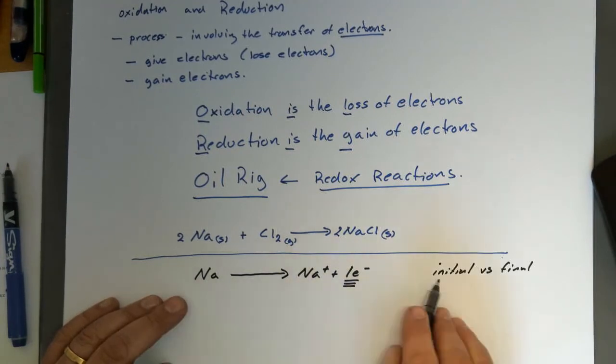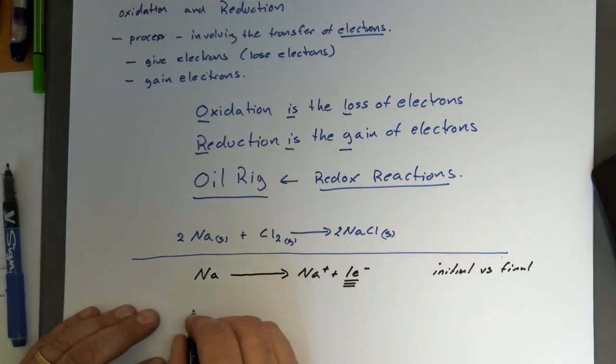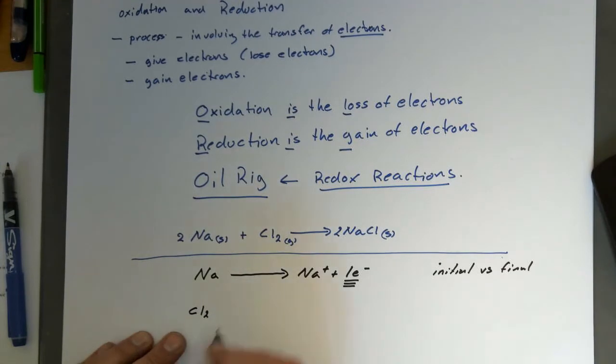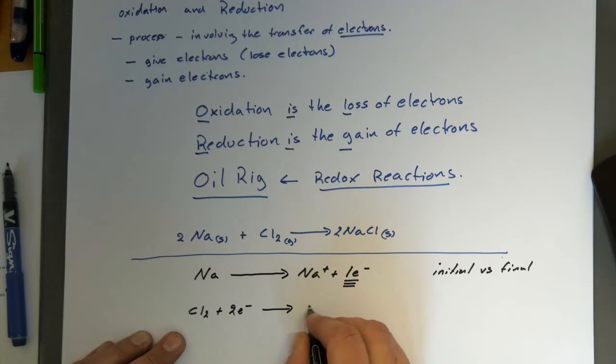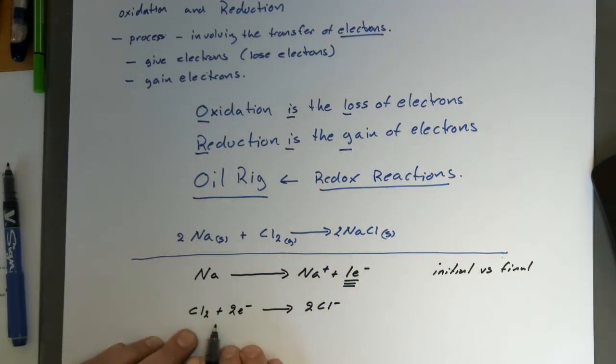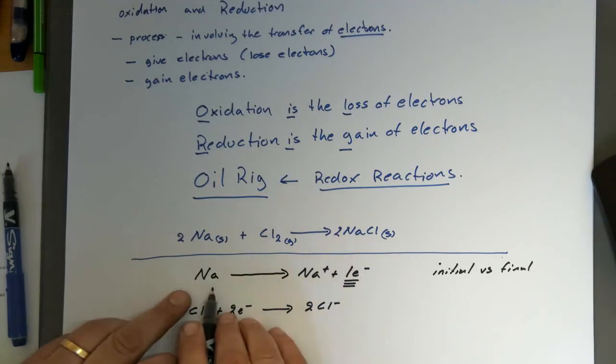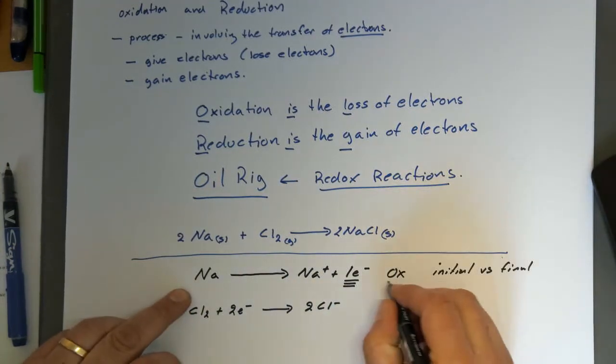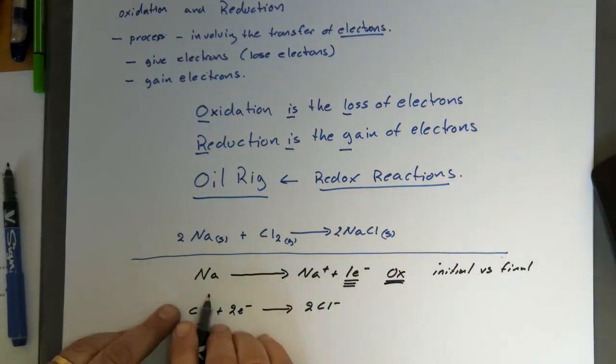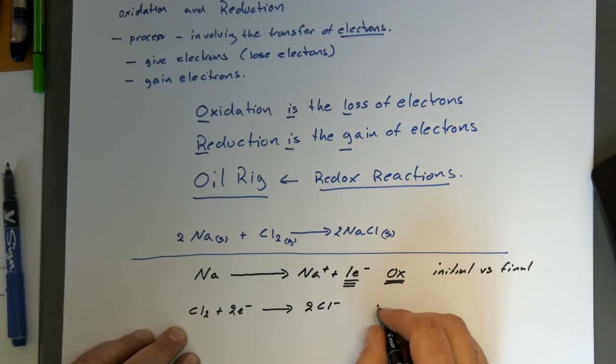Sodium has lost the electron. Chlorine, which is a diatomic gas, has to gain 2 electrons in order to form 2 Cl-. So here we have electrons being gained. So sodium is being oxidized and chlorine is being reduced.